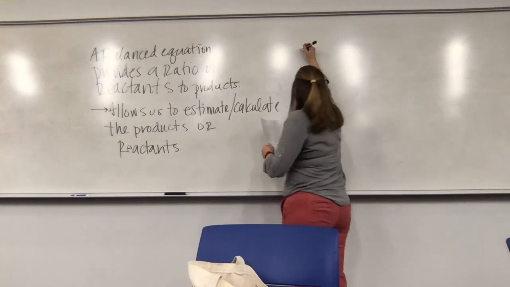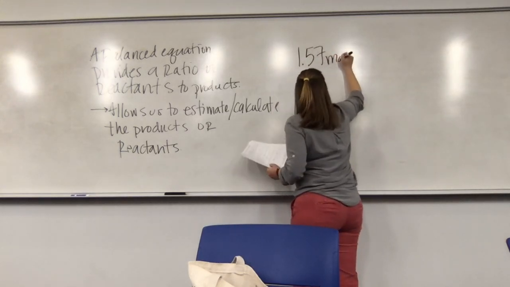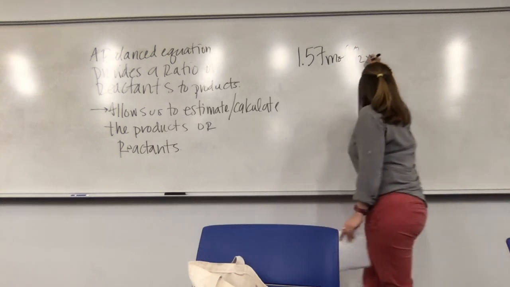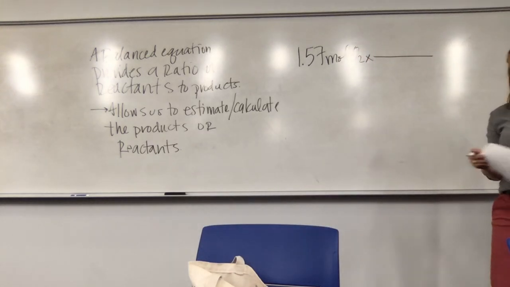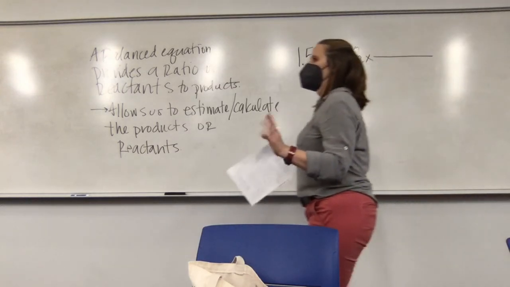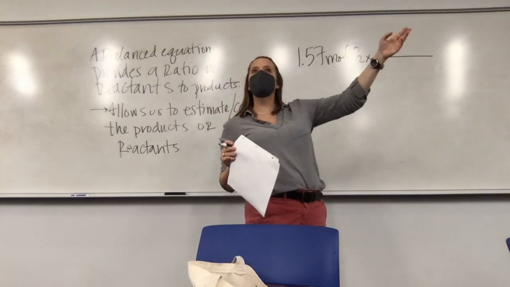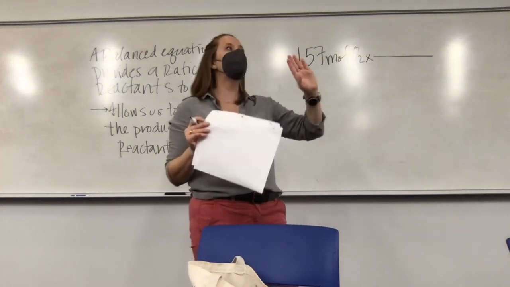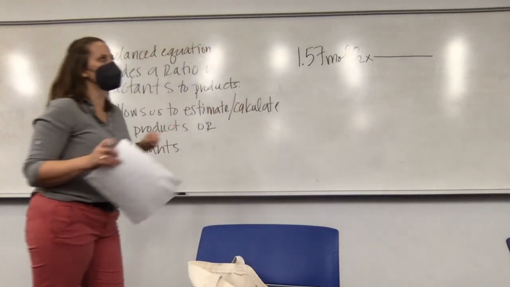So I'm going to take my 1.57 moles of O2, and now I need to convert to moles of water. But oxygen and water are not the same. But these stoichiometric coefficients are going to allow us to convert from one to the other.